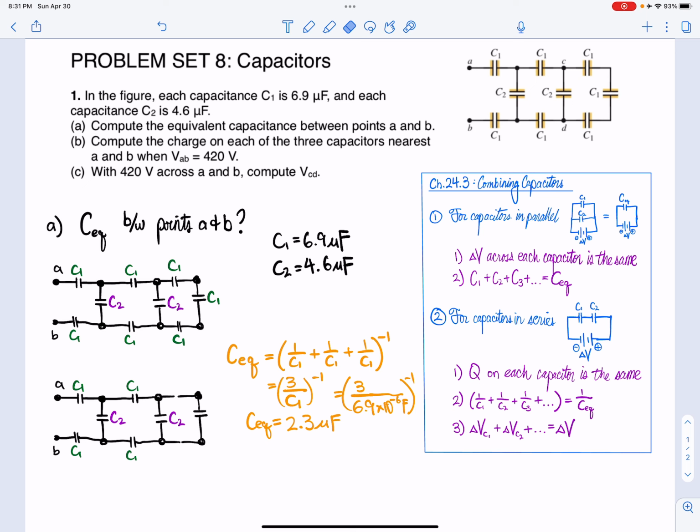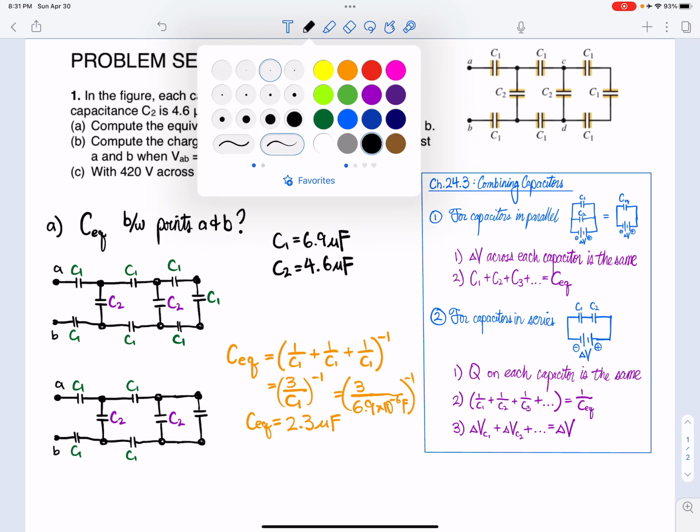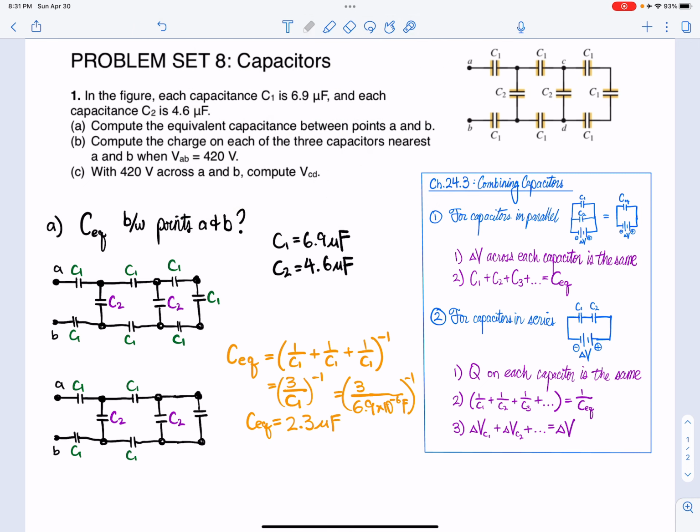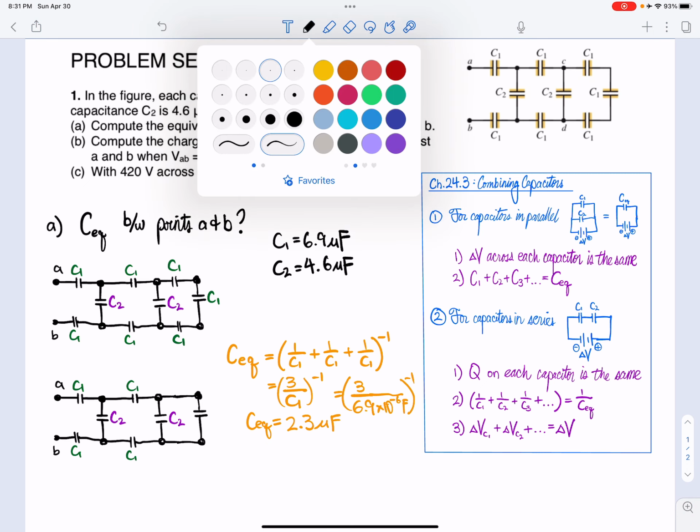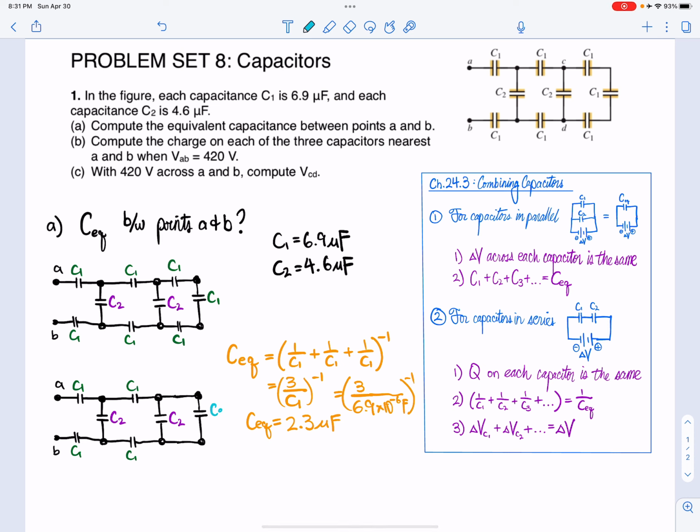And so now my C equivalent equals 2.3 microfarads.